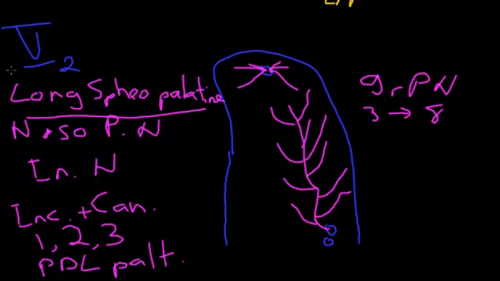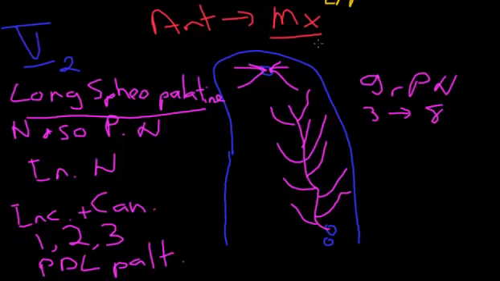Now the good news in this story is the arterial supply. The arterial supply is from the maxillary artery, and we'll talk about that in a separate video, but just to remind you that the maxillary artery, its branches come out with the nerves and spread out over the same distribution and have the same branch names.